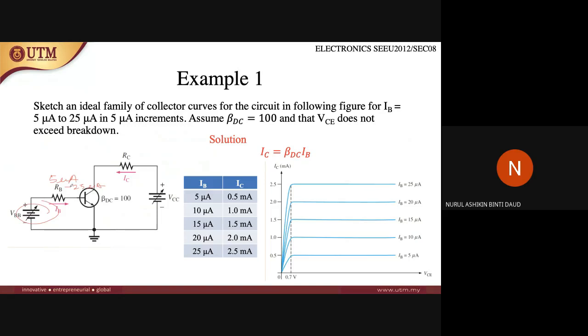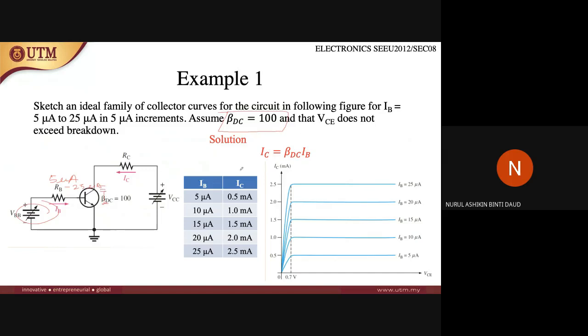It means that the value of the currents is also variable, from 5 microamps to 25 microamps in 5 microamp increments. Assume that beta DC is equal to 100 and the VCE does not exceed breakdown.